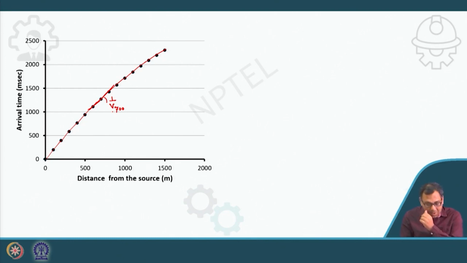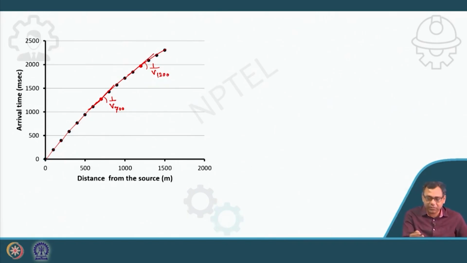Okay, and 700, 800, 900, 1000, 1100, 1200. Another one is here. So here also you will get one slope. So this will give me 1 by V1200.